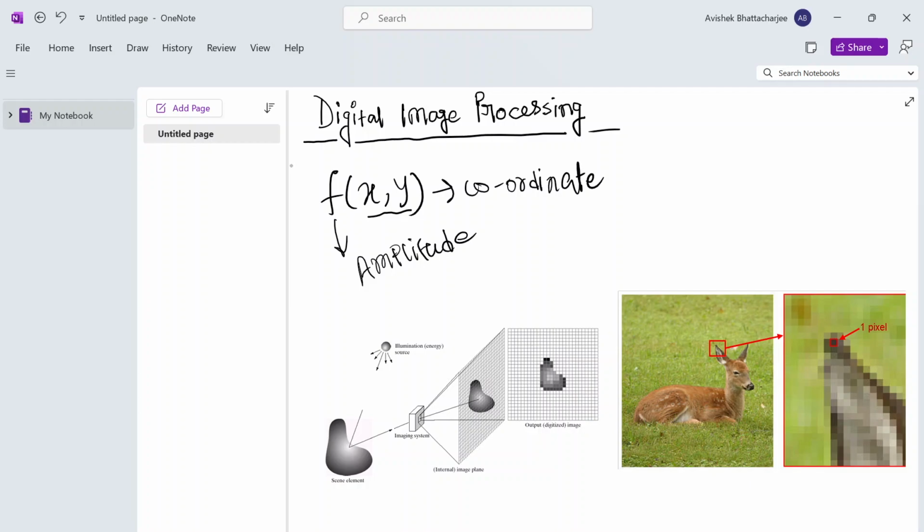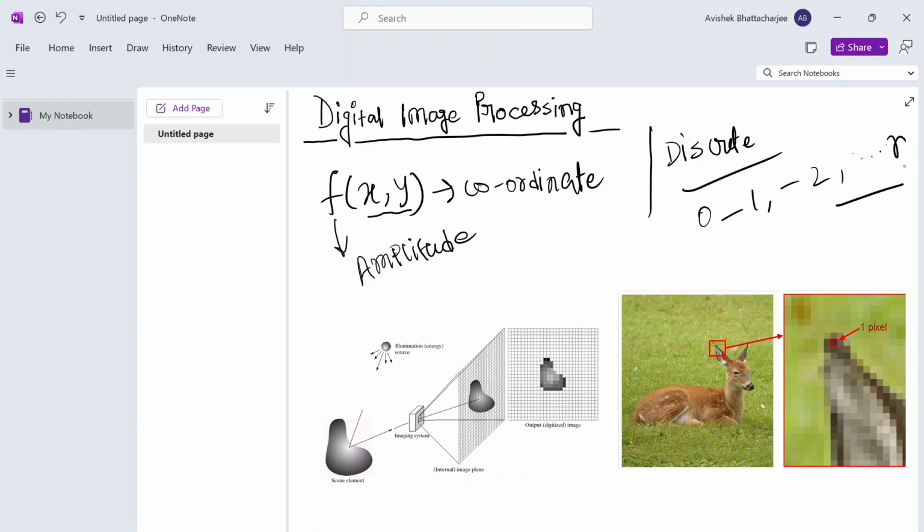What is called a digital image? A digital image is also a 2D representation, but here we deal with discrete values. Discrete values means we deal with 0, 1, 2, 3, up to n.